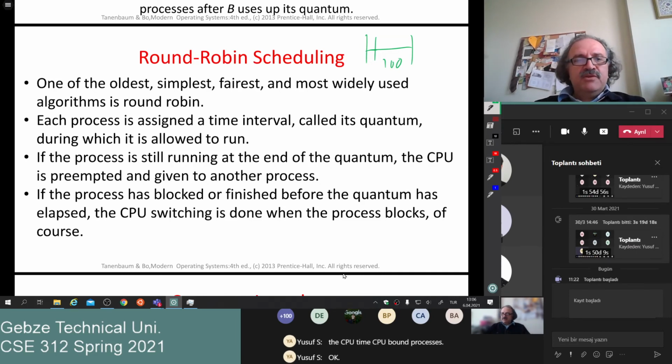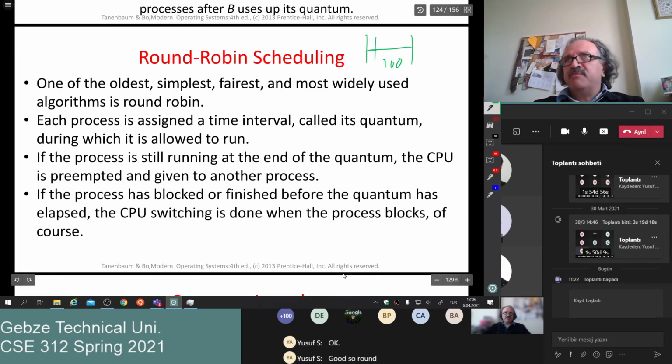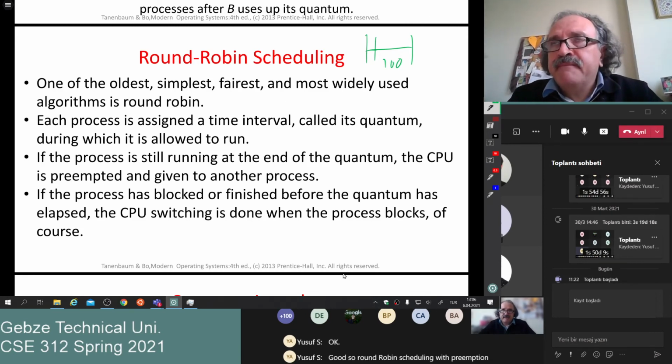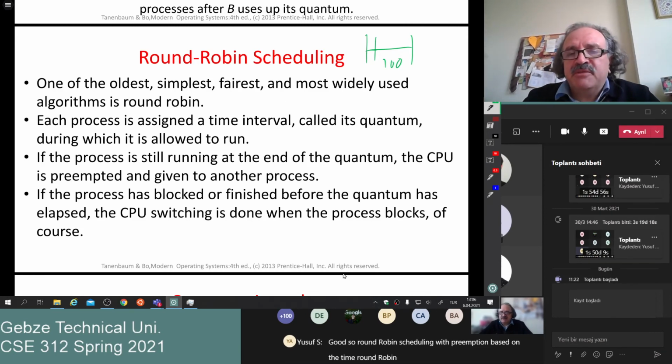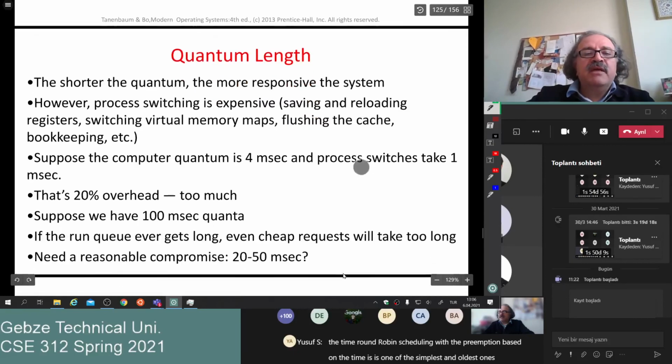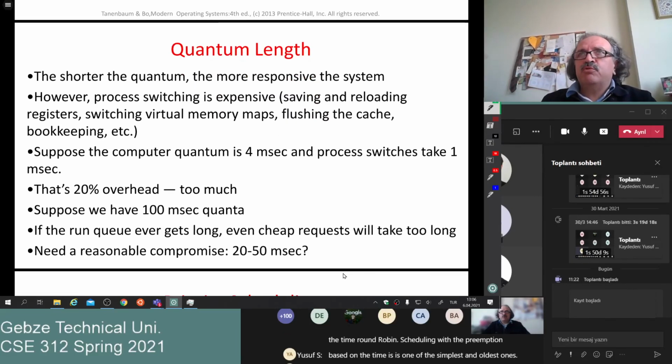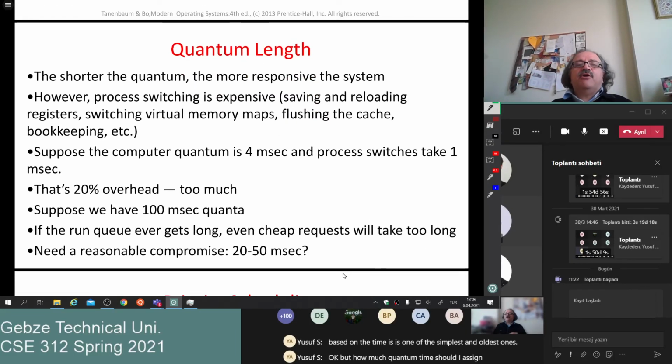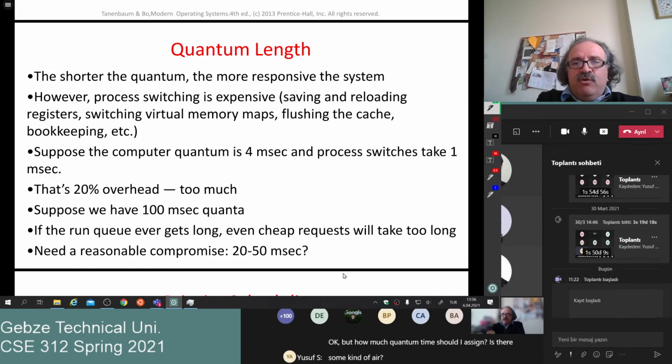Good. So round robin scheduling with the preemption based on the time is one of the simplest and oldest ones. But how much quantum time should I assign? Is there some kind of a trade-off?